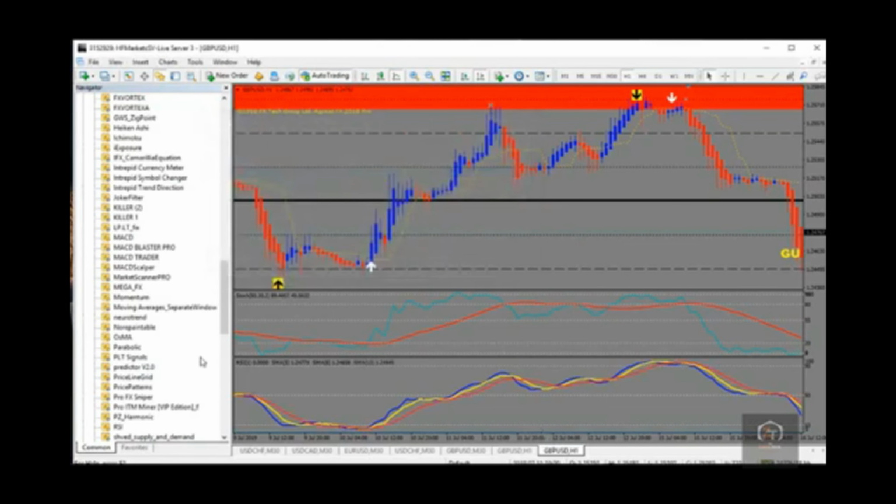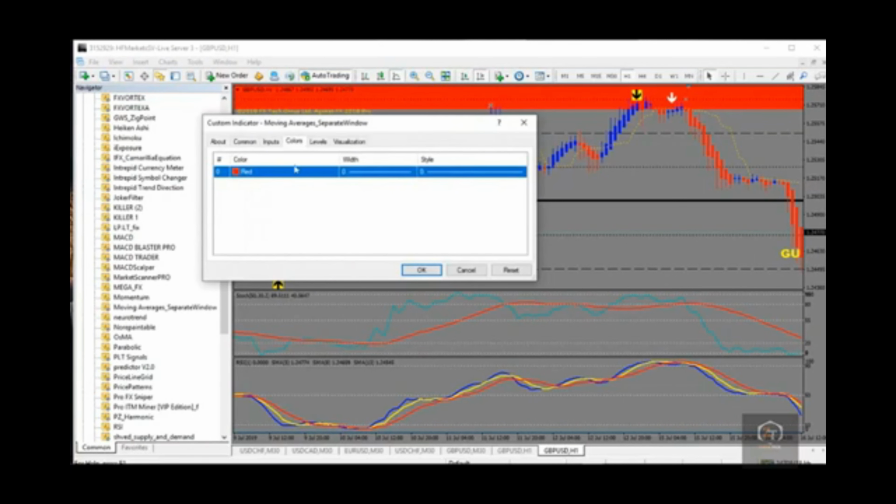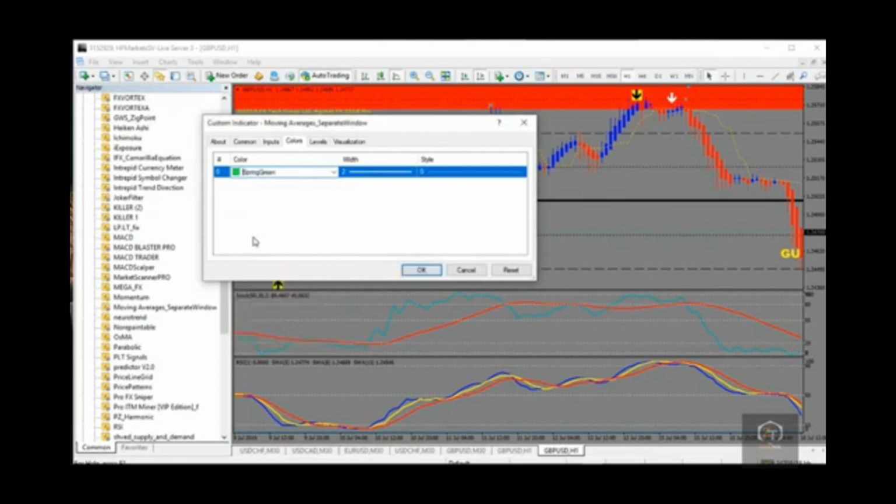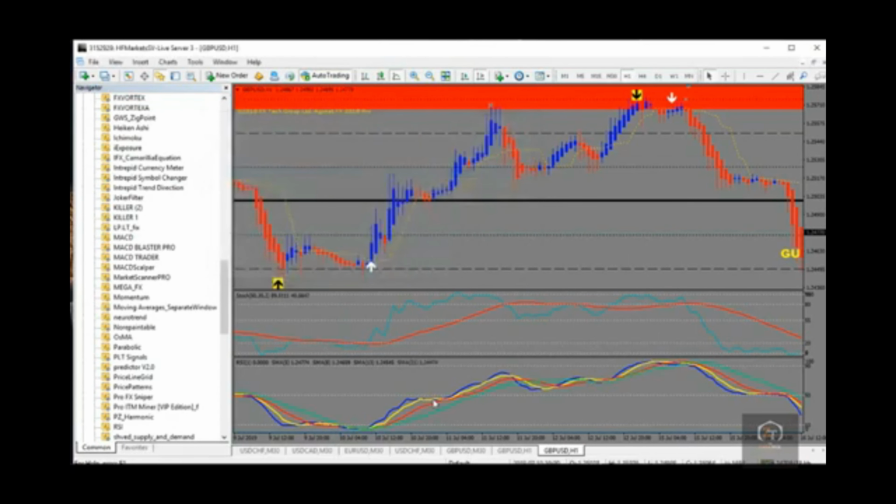Okay, you see that? Now drag again, the fourth one, release, input moving average, type in 21, and choose the color, let's choose green, light green. That is it.